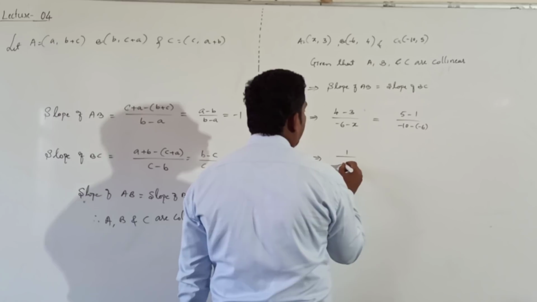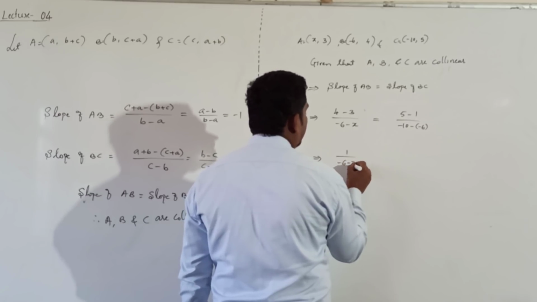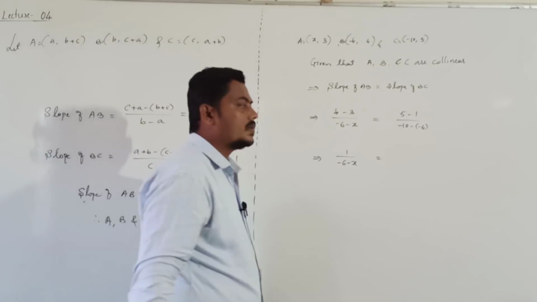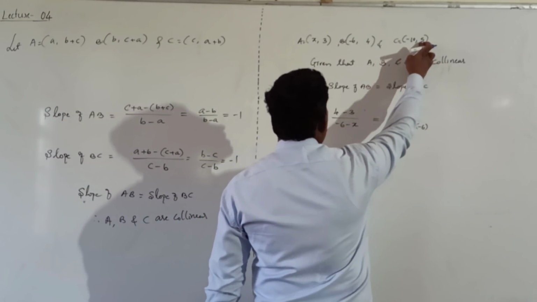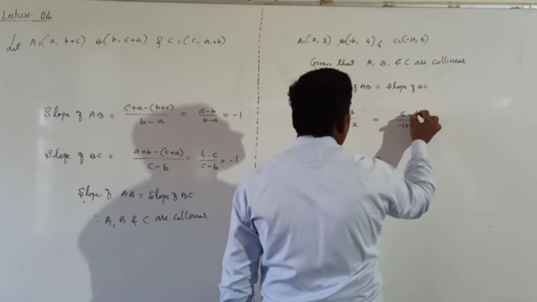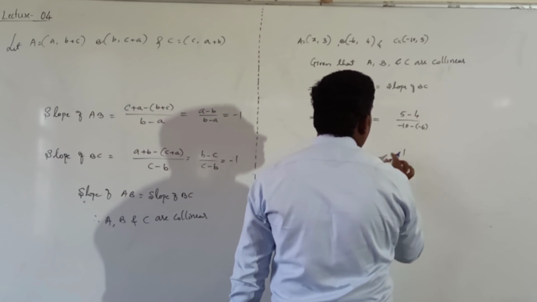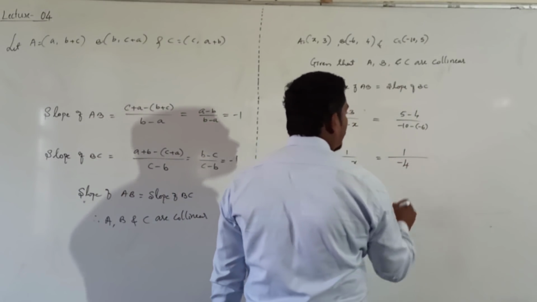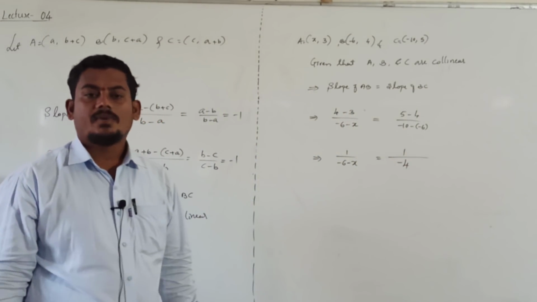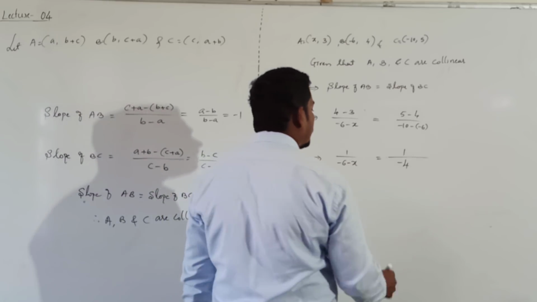1 divided by minus 6 minus x, that's equal to 5 minus 4, it is 1. Then clearly you get 1 divided by minus 4 only, because minus 10 plus 6 is minus 4.